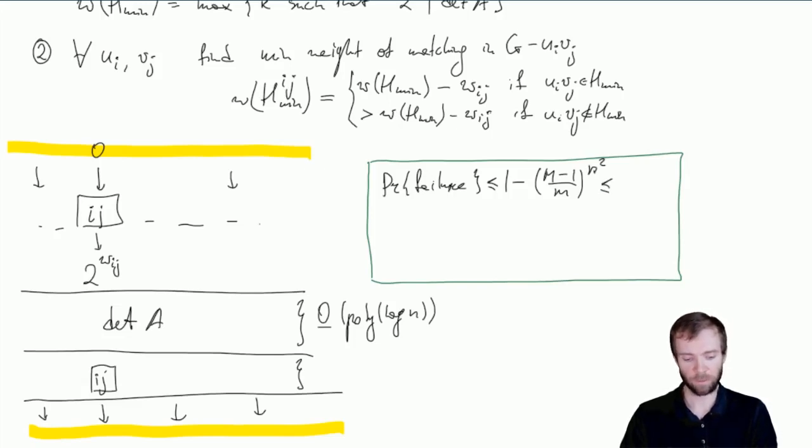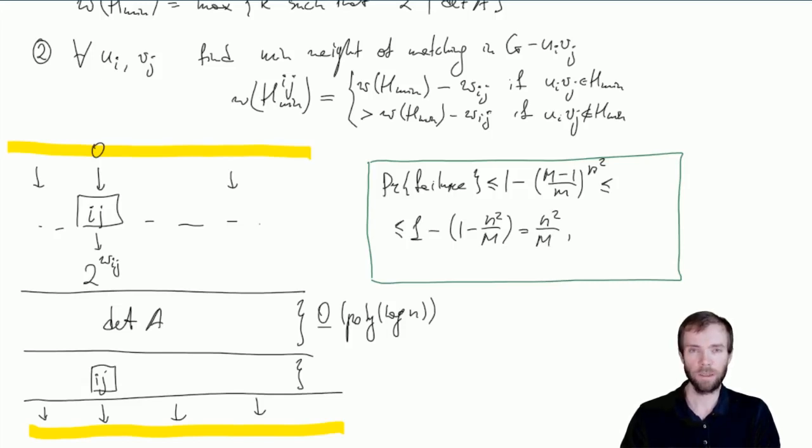So now this can be bounded by 1 minus (1 minus n squared over m), which is n squared over m. So we can see that to make the probability of failure really small, we need m to be sufficiently larger than n squared, which is quite reasonable.